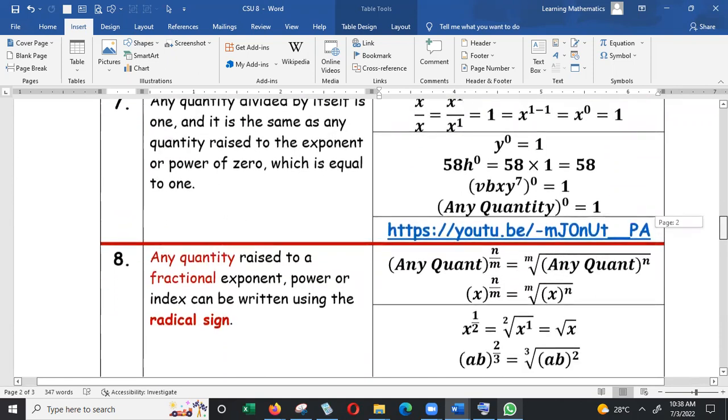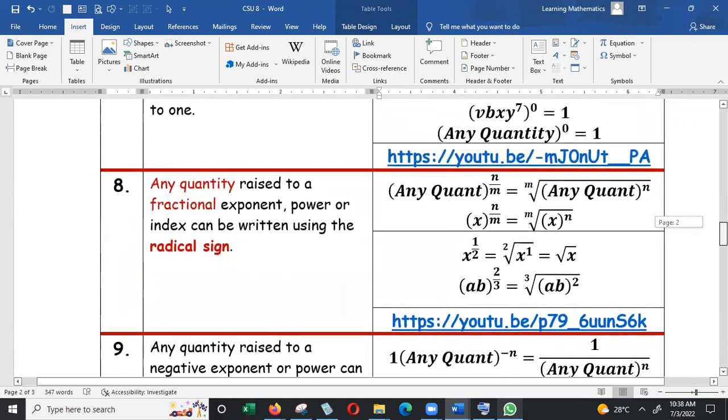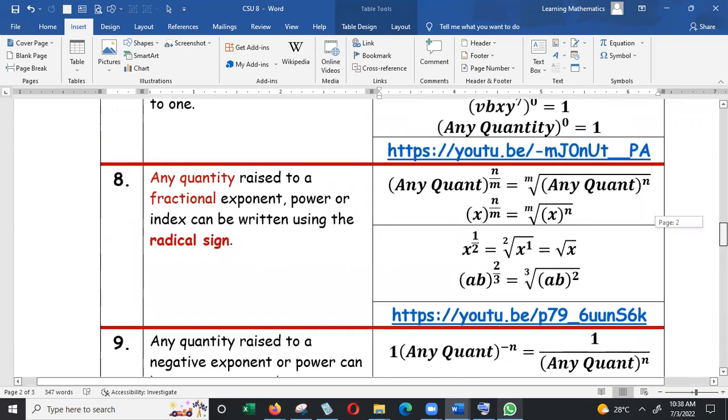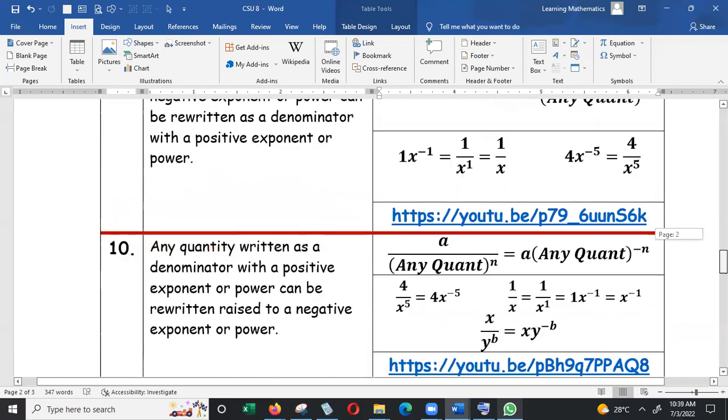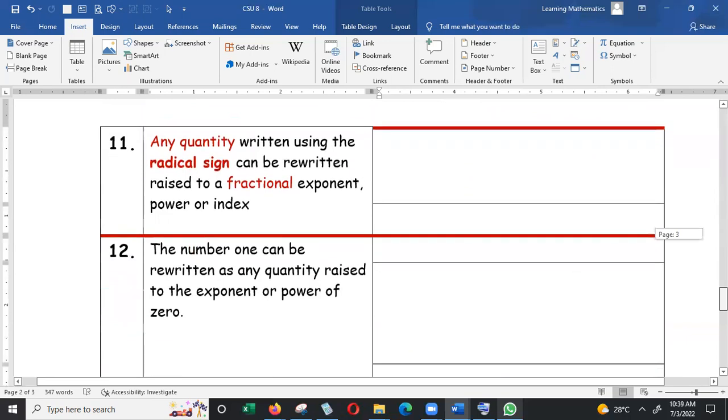And we also talked about the fractional indices, fractional powers being rewritten using the radical sign. And we have established that you can read from left to right and also from right to left in mathematics.